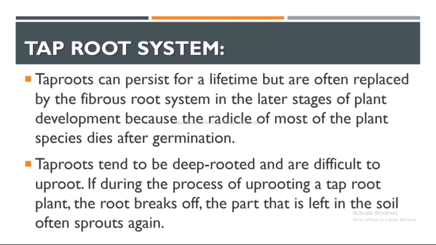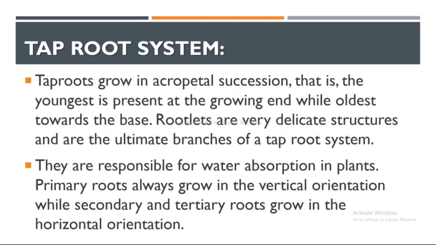Taproots tend to be deep-rooted and are difficult to uproot. So if during the process of uprooting a taproot plant, the root breaks off, the part that is left in the soil often sprouts again. Taproots grow in acropetal succession, that is, the youngest is present at the growing end, while the oldest is towards the base.